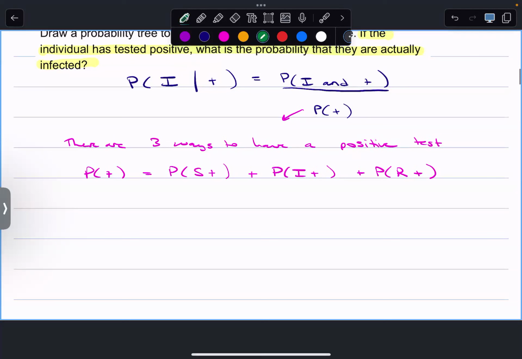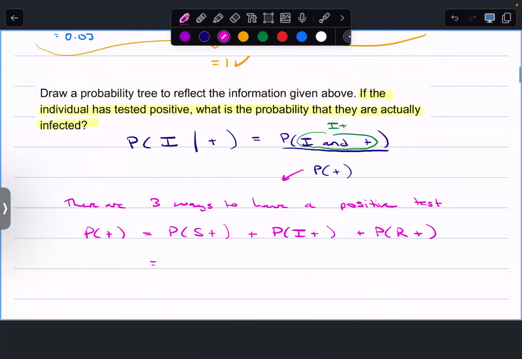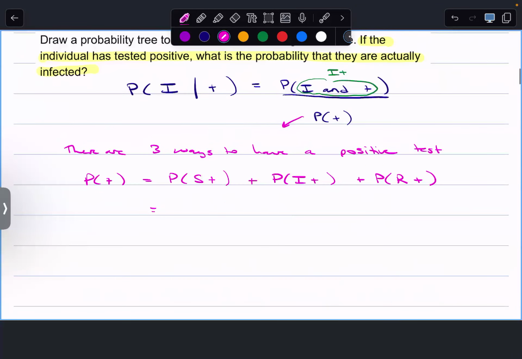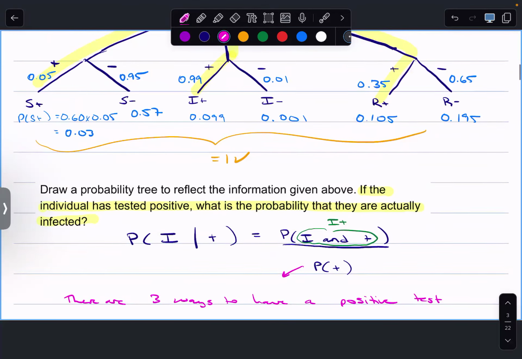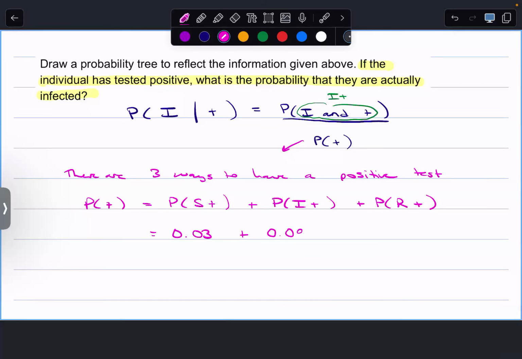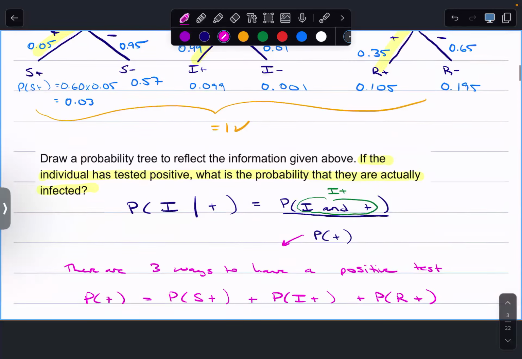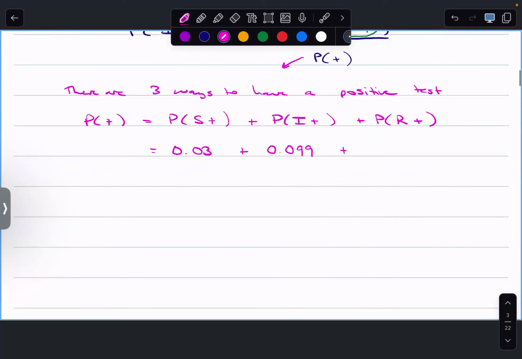Right, and I will make a note here that this is the same as I plus up above. Right, I cut the and, I just multiply them. So now the probability of S plus we found was 0.03. The probability of I plus is 0.099. And the probability of R plus was 0.105.